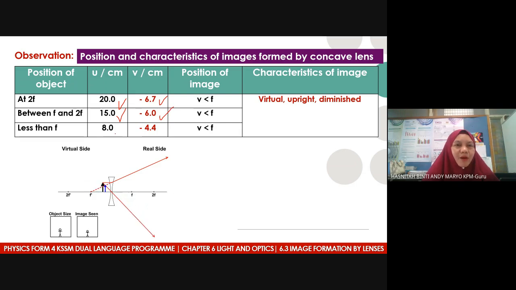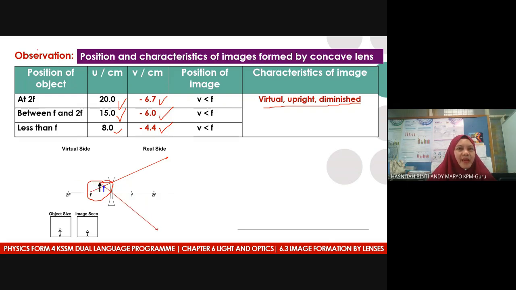And then we place the object less than f, and this is the distance of image produced. So in all 3 positions, it will form the same characteristic of image: virtual, upright, and diminished, where the position of image is always less than f, as shown here in this GIF.